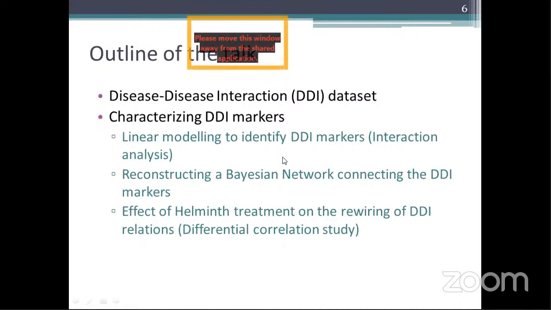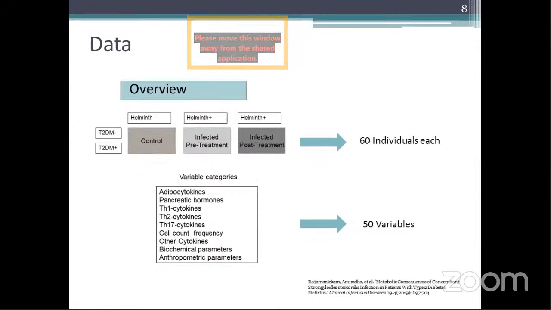Then we'll also see how these disease interaction markers are connected to one another using patient networks. We'll also see a differential correlation study to see the effect of Helminth treatment on the rewiring of the disease relations. So first, let's look at the data set.